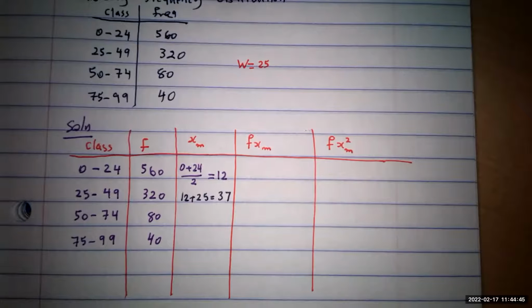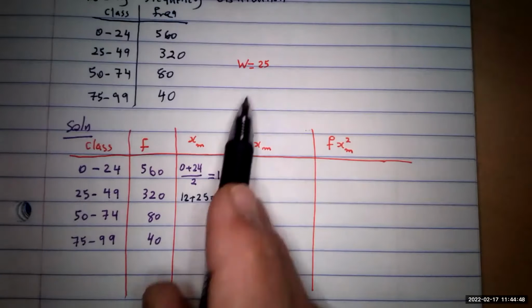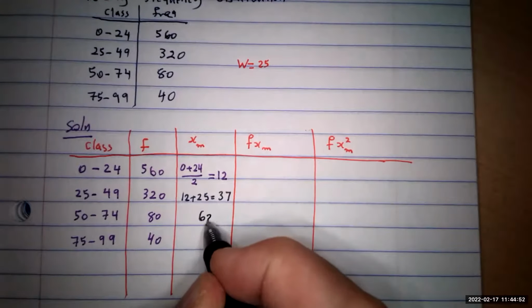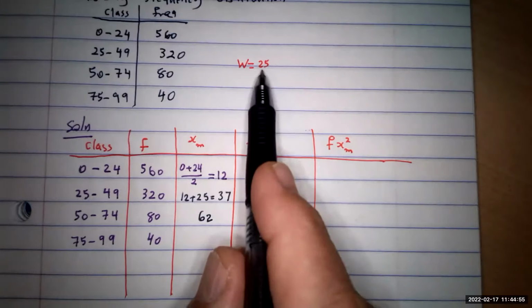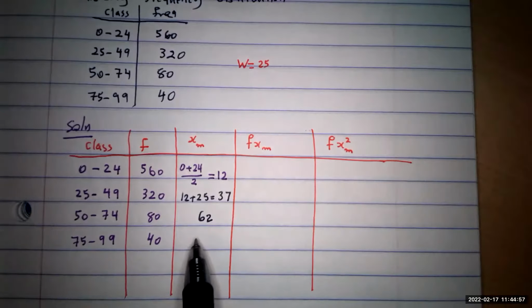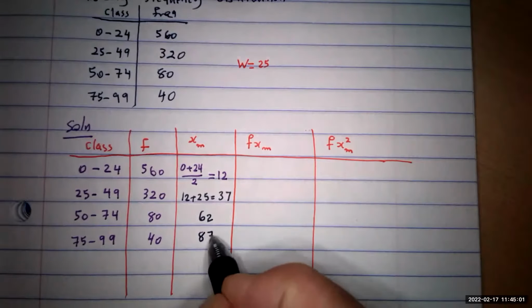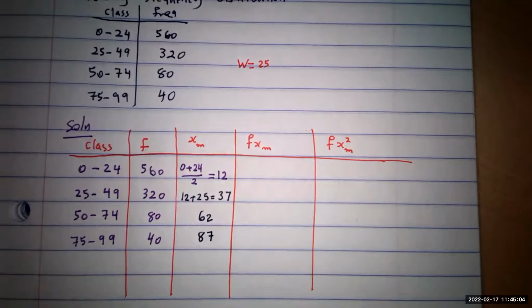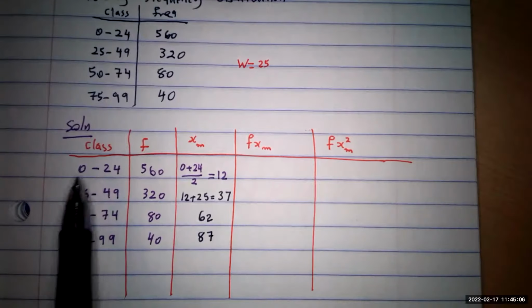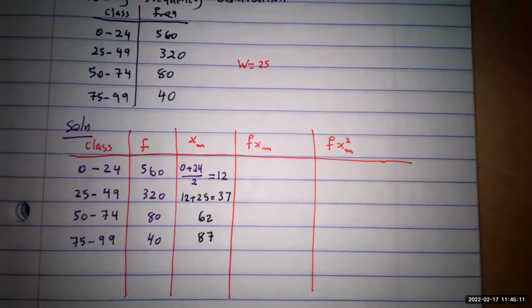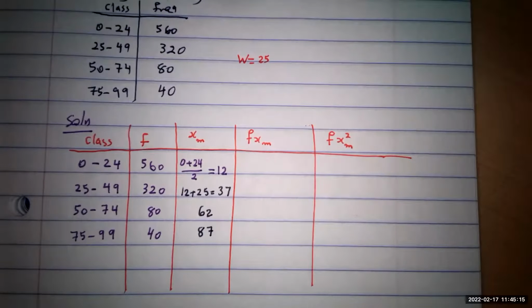So not a big deal. If you want to continue, 37 and 25, you add them together, that gives you 62. And again, you add 25, 87 is going to be the next midpoint. So it's the average of the lower and the upper, or as soon as you find the first one, you add the W quickly and you get the other two. Any question?